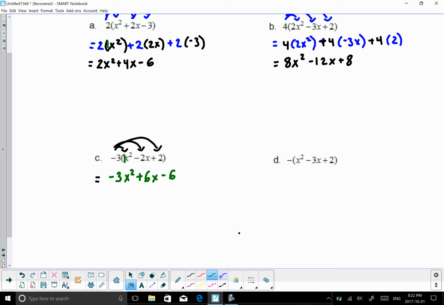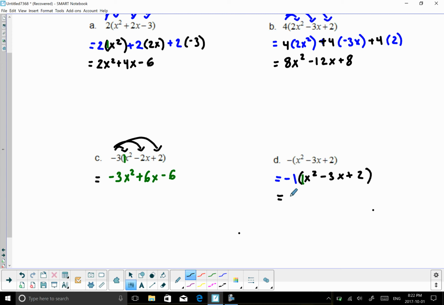So remember, we're always multiplying each term. This negative outside is actually like a negative 1 outside. So if you want, just write that in. It might help. We can make a note that there's an invisible 1 here. So negative 1 times 1.